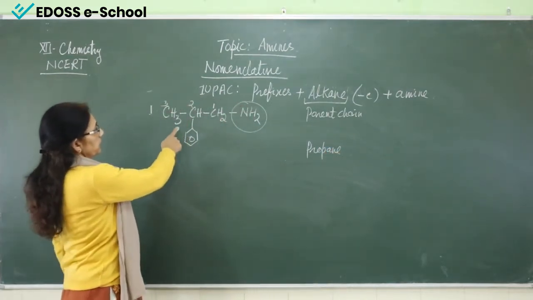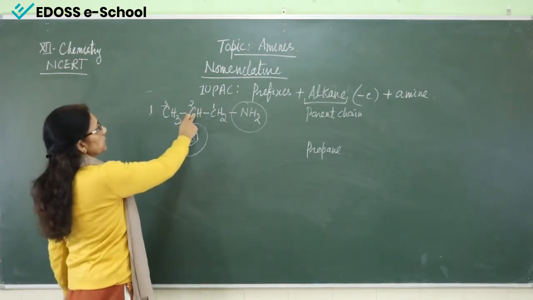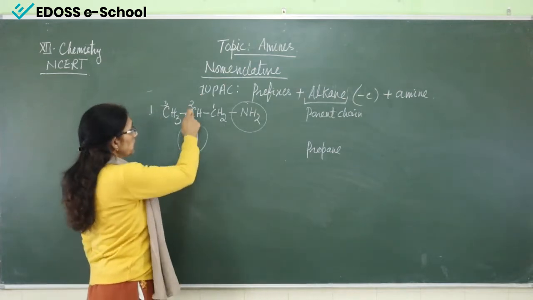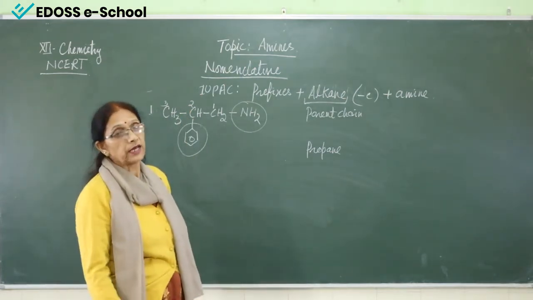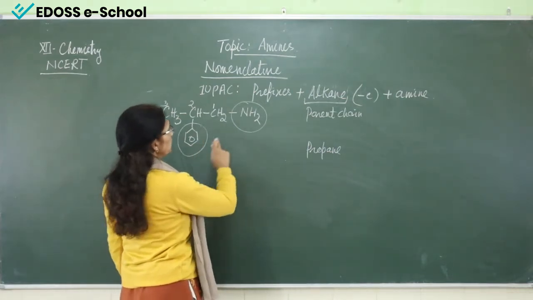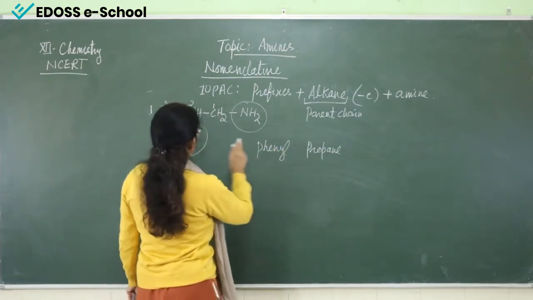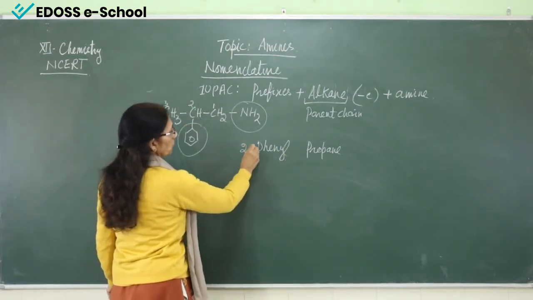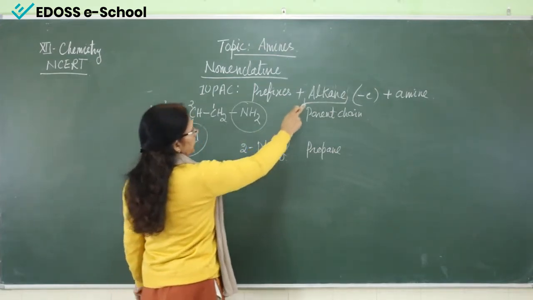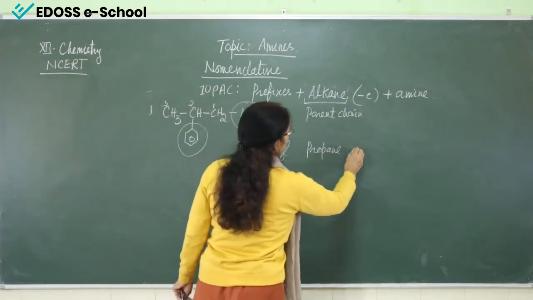Now the prefix. We can see this benzene ring is attached to the second carbon atom. When benzene is attached to carbon, we don't say benzene, we say phenyl group. So this prefix will be phenyl, and the position will be 2. So at the second position a phenyl group is attached and the number of carbons is 3, so it is propane plus amine.